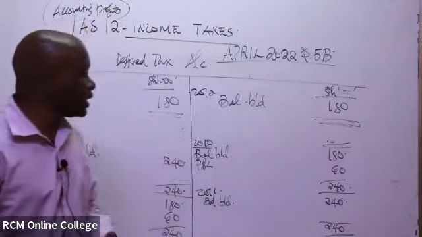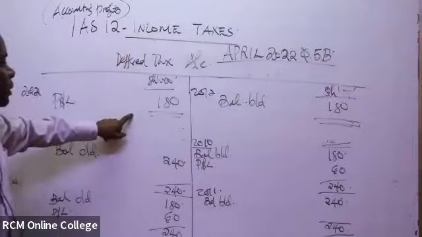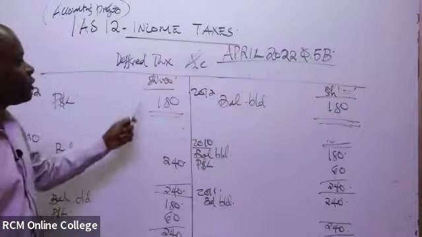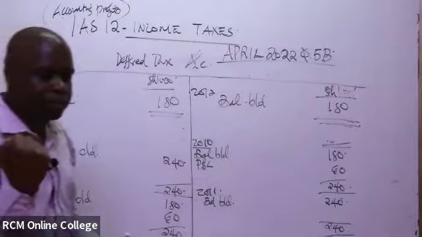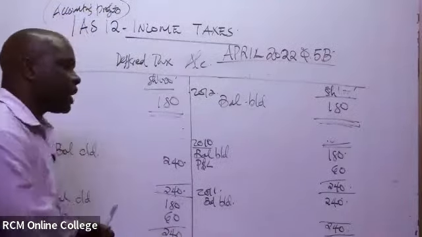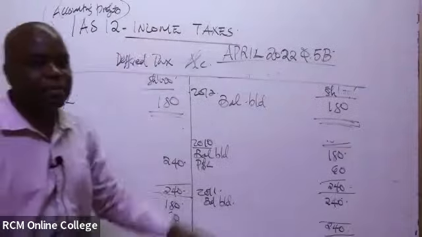So in double entry, when there's one account being debited, there's another one being credited. Of course, the one being credited is the income statement. It is the rule of thumb. All credit entries in the income statement are incomes. In this case, this one will go there as an income.